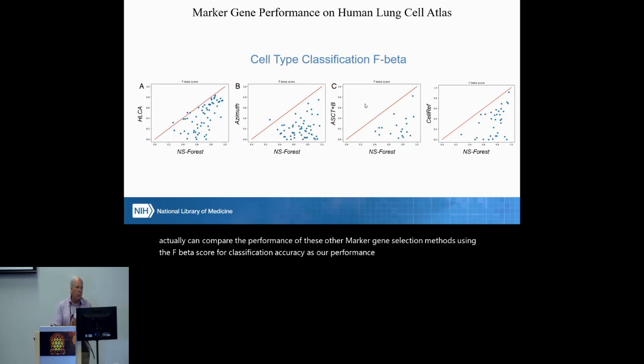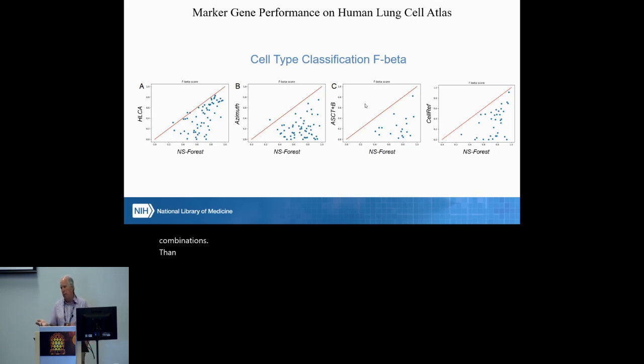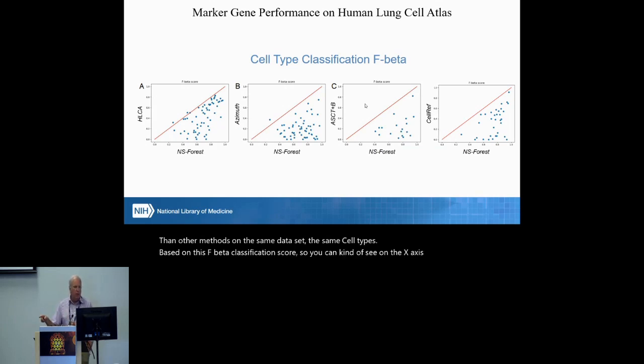What we find is that NS-Forest consistently produces better marker gene combinations than other methods on the same data set, the same cell types, based on this F-beta classification score. You can see on the x-axis here is F-beta from NS-Forest, and on the y-axis is the F-beta from these other approaches, and we routinely get better performance using this approach.